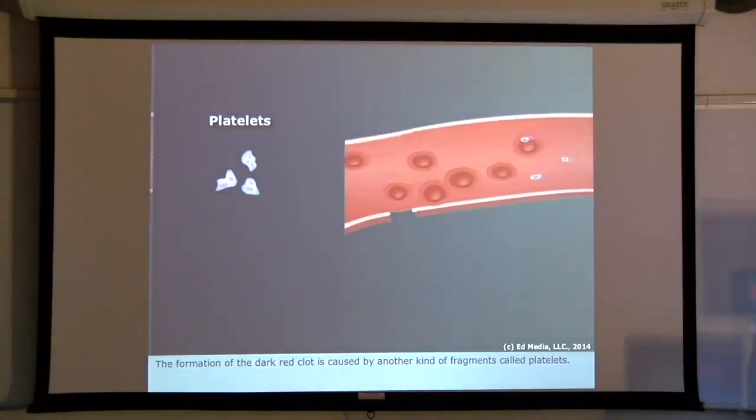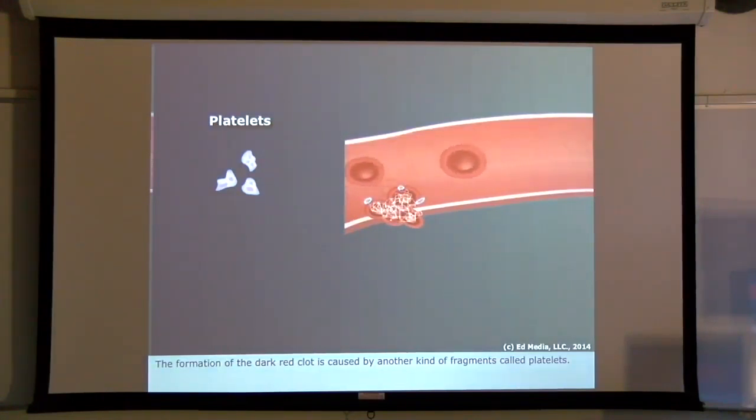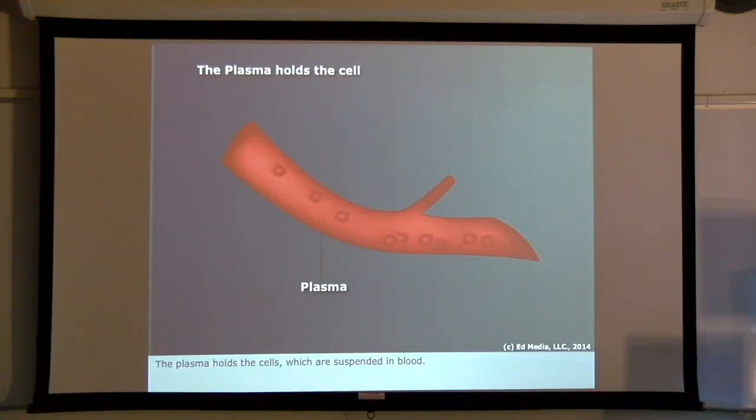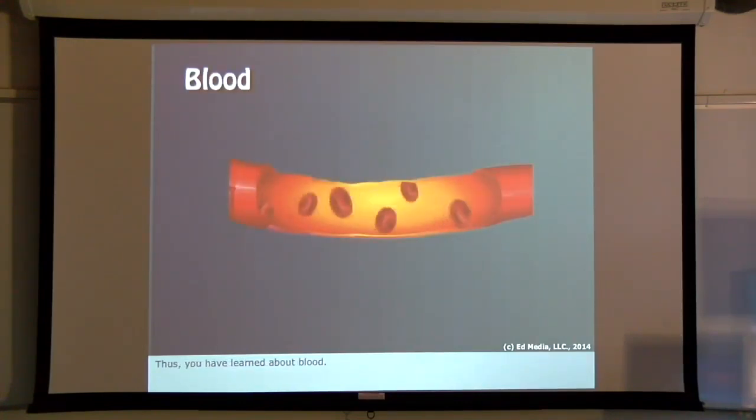The formation of a dark red clot is caused by another kind of fragment called platelets. The fluid presented in the blood is called plasma. The plasma holds the cells, which are suspended in blood. Thus, you have learned about blood.